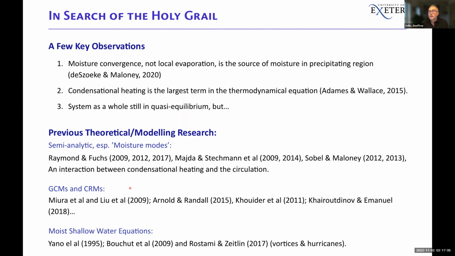Okay, so we're going off in search of this Holy Grail. And let me give you a few key observations. All that precipitation arising in the MJO, all the moisture which gives rise to it, actually comes from convergence, not from local evaporation.